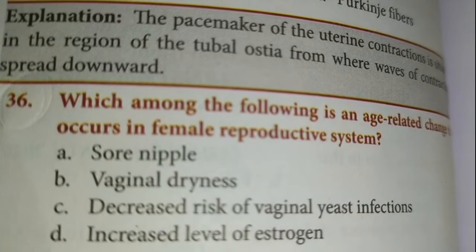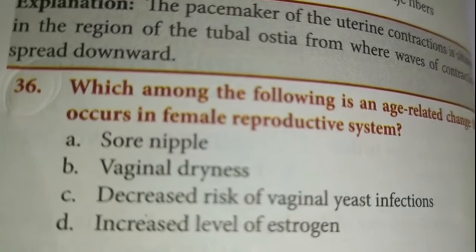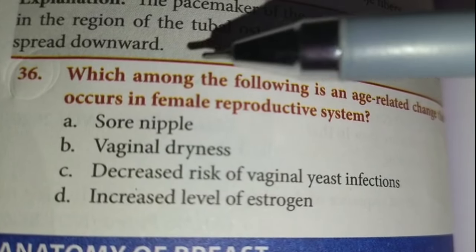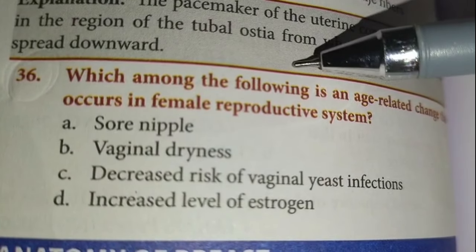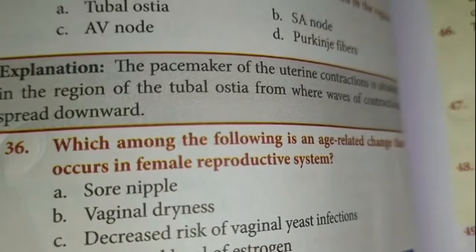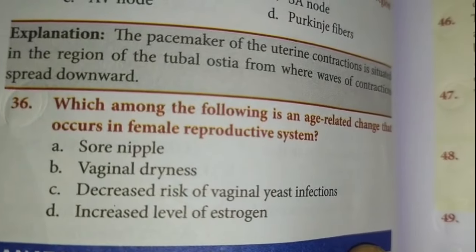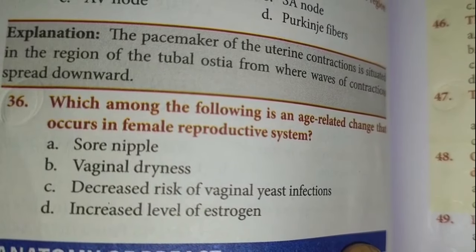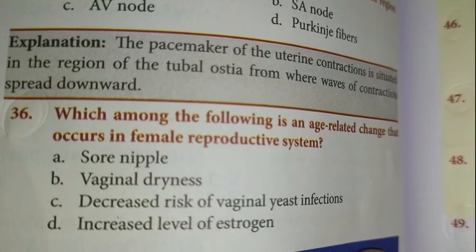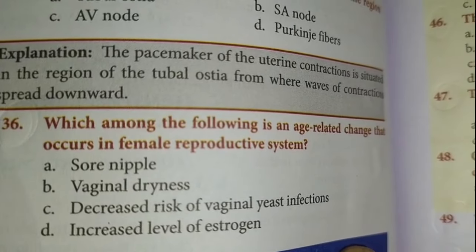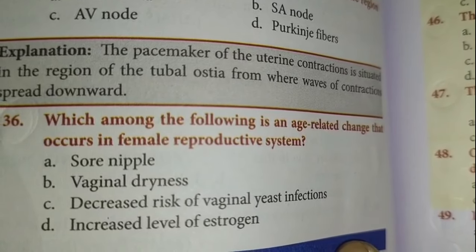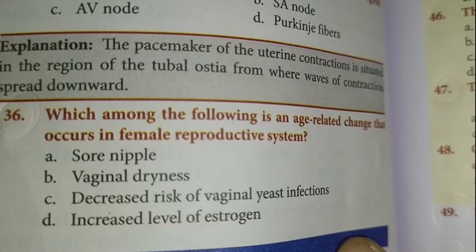And the next important question is, which among the following is an age-related change that occurs in the female reproductive system?